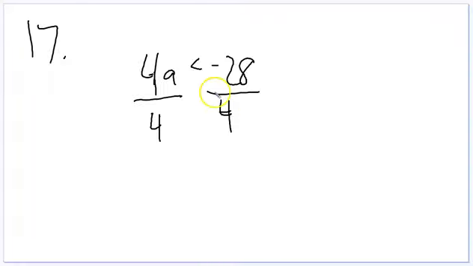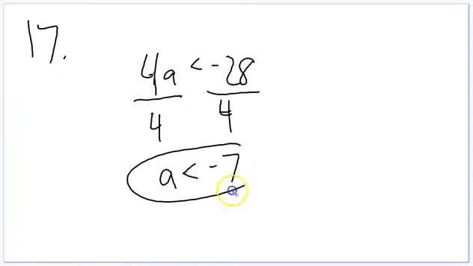We are not flipping the inequality sign on this because what I'm dividing both sides by is not negative. The number that you are multiplying or dividing both sides by has to be negative to flip it around. So I just get A is less than negative 7. Well, there it is. Moving on.